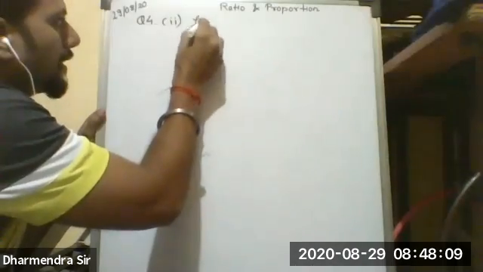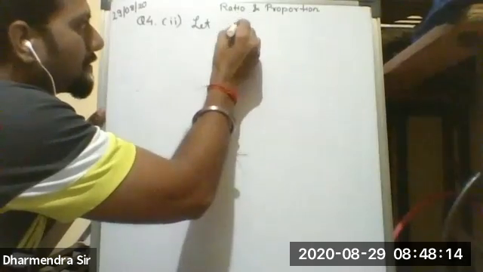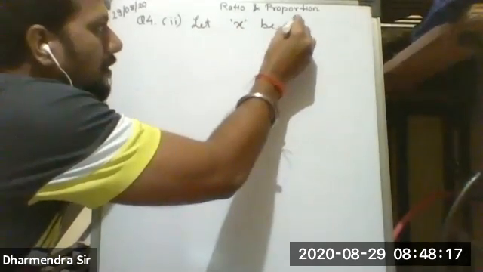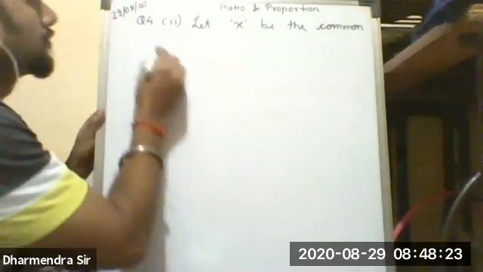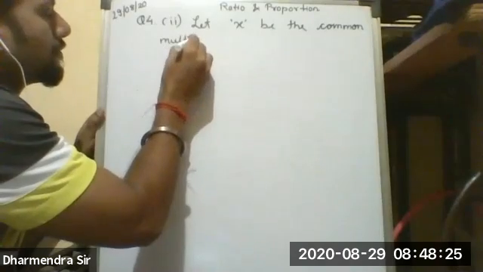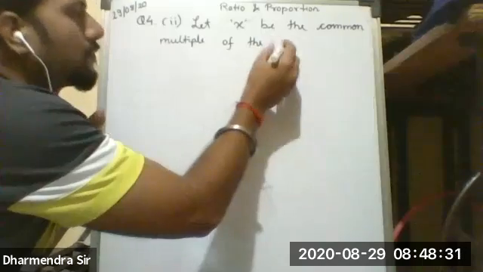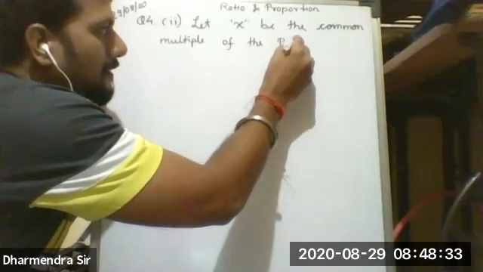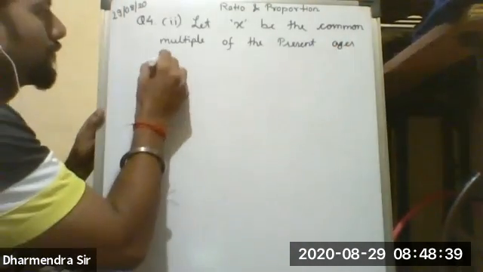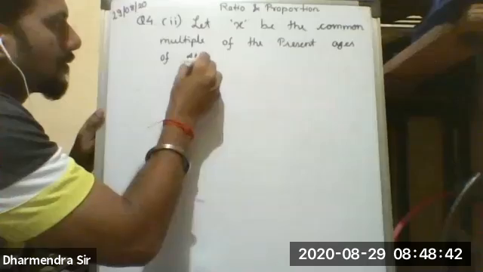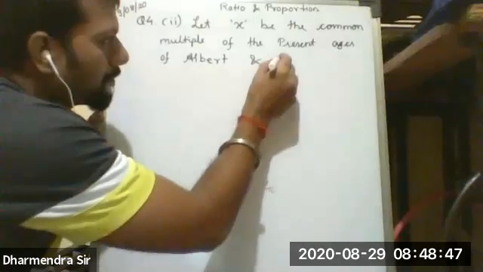Let x be the common multiple of the present ages of Albert and Salim.